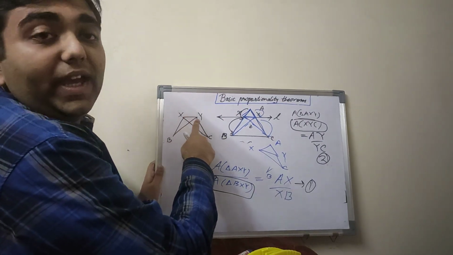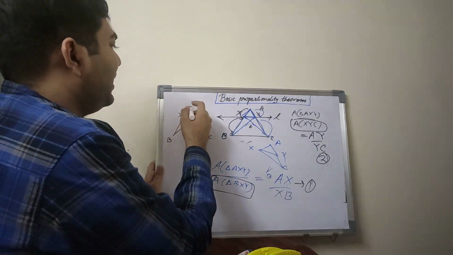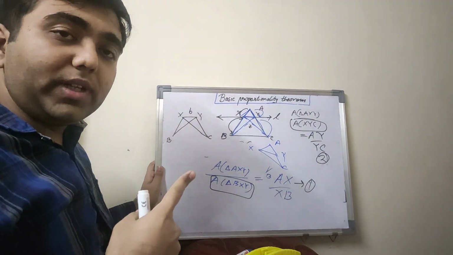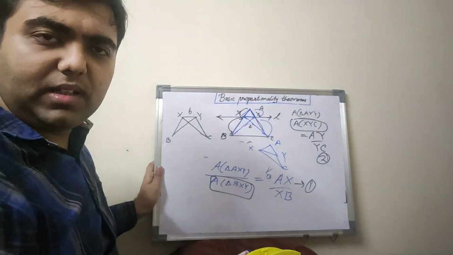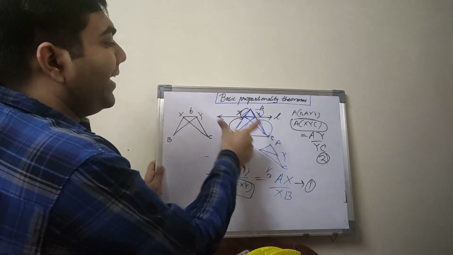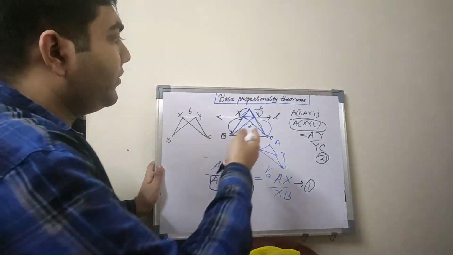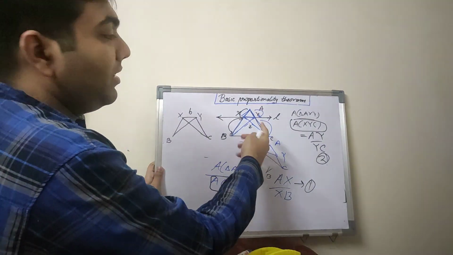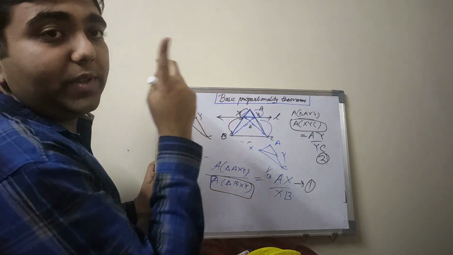They have a common base XY. And these two triangles lie exactly between two parallel lines. Which are these two parallel lines? Line L and side BC. This is already given. Line L is parallel to BC. So these two triangles are lying between two parallel lines.